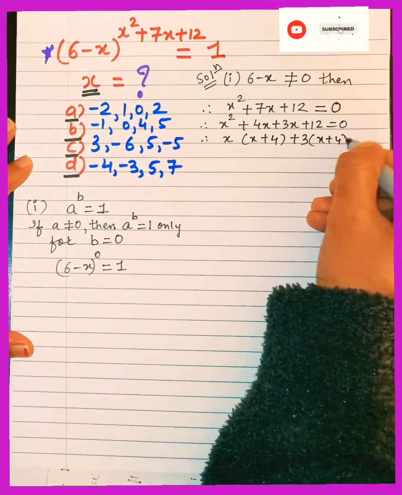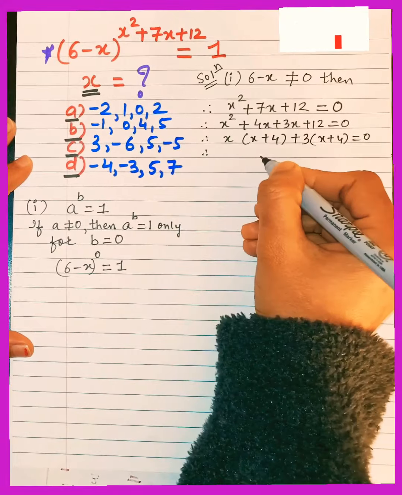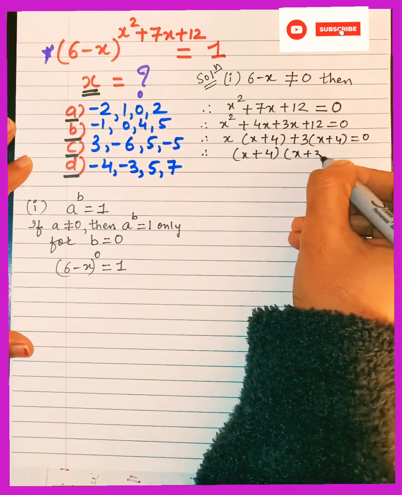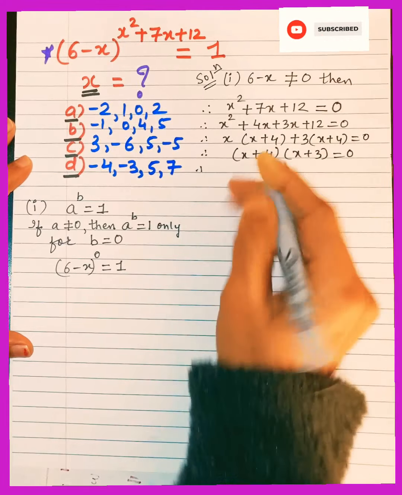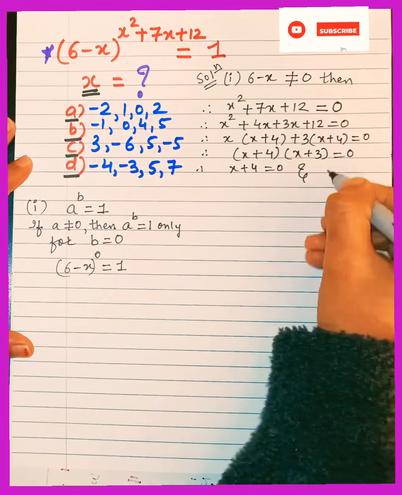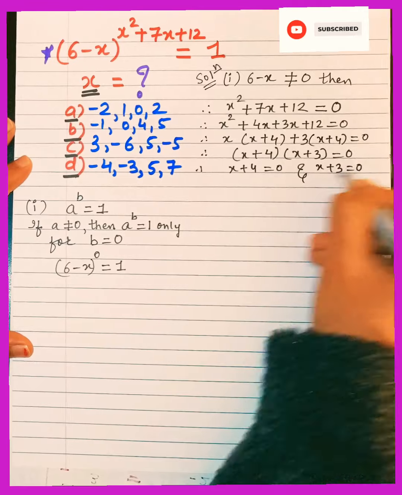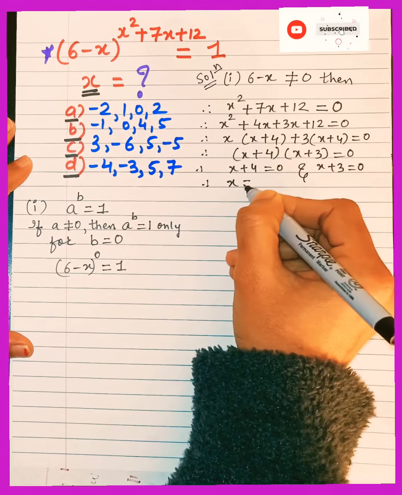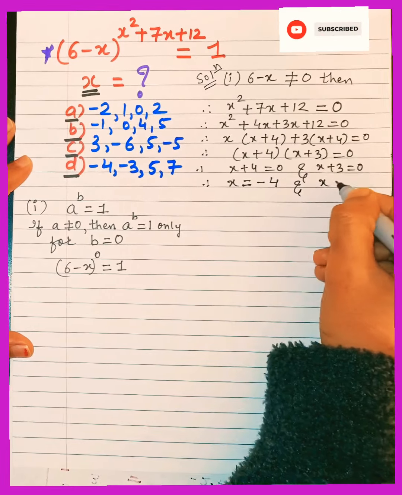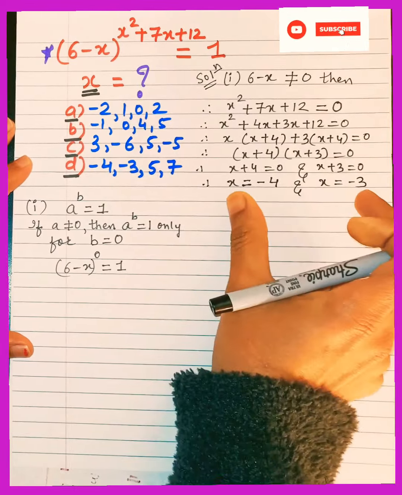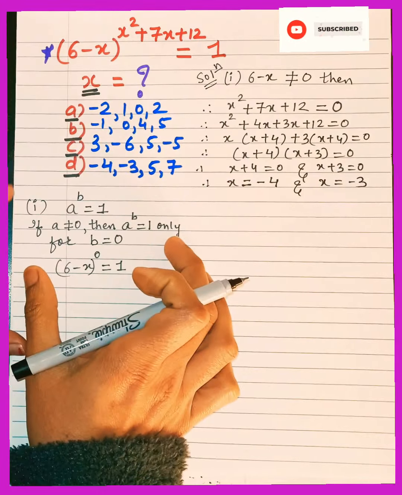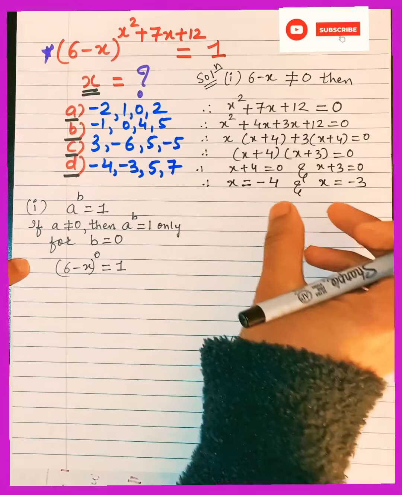So we get two factors: (x plus 4)(x plus 3) equals 0. Solving, x plus 4 equals 0 and x plus 3 equals 0, so x equals minus 4 and x equals minus 3. These are the two values of x according to the first situation.